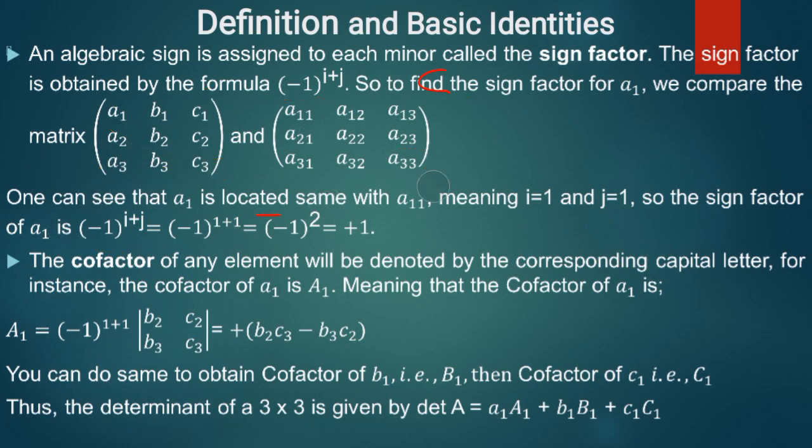Now that you know how to find the minors and the cofactors, the formula for the determinant of a 3 by 3 is what you have here. So for a 3 by 3, the determinant is going to be A1, the entry, times capital A1, plus B1 times capital B1, plus C1 times capital C1. So that's the formula for the determinant of a 3 by 3.